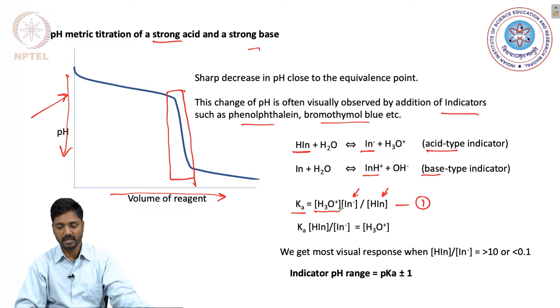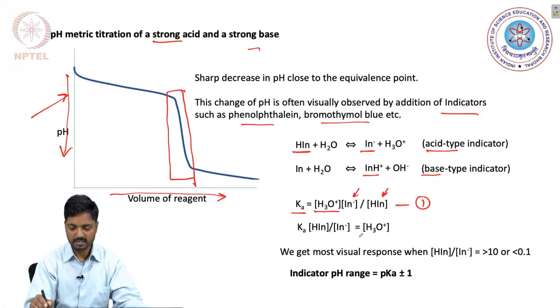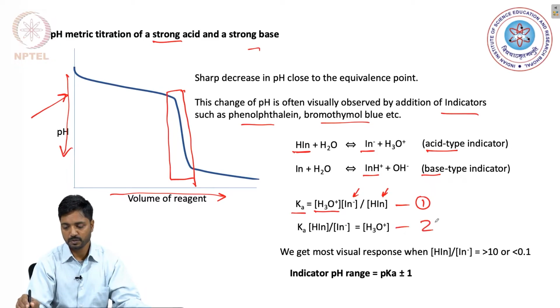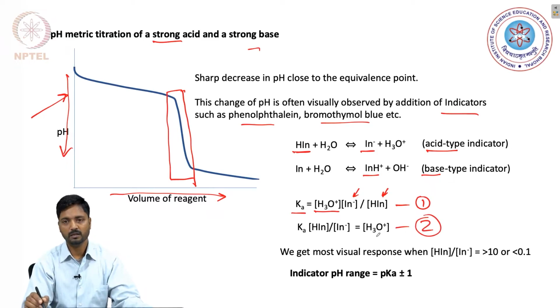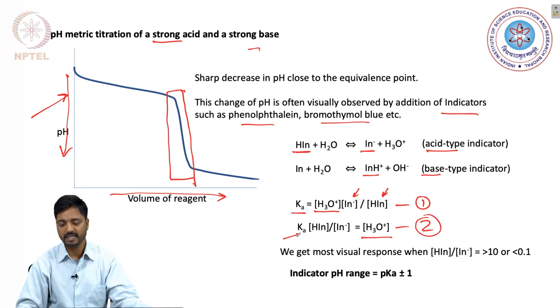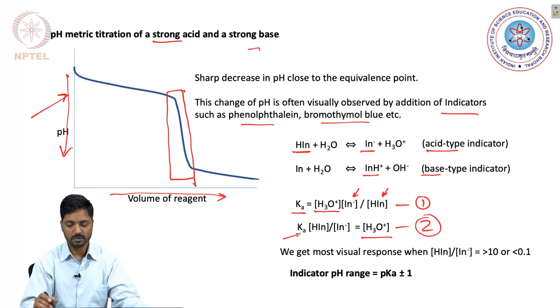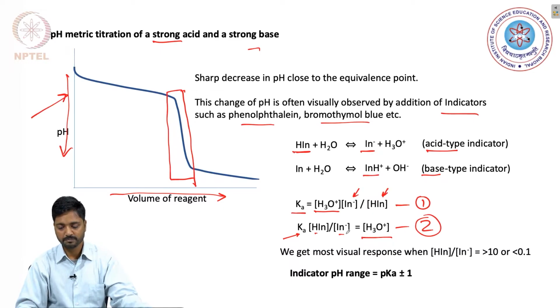So, we simply observe the differences in the anionic and neutral forms as the pH is changed, and equation 1 can be transformed into equation 2, where the H3O+ concentration can be described in terms of the K value of the indicator and the concentrations of its neutral and anionic forms.